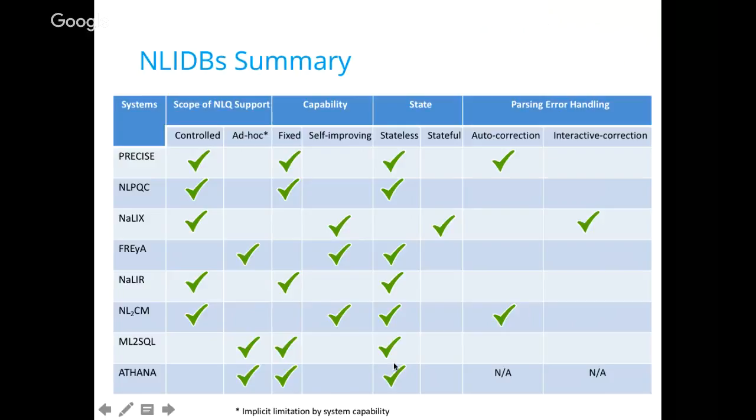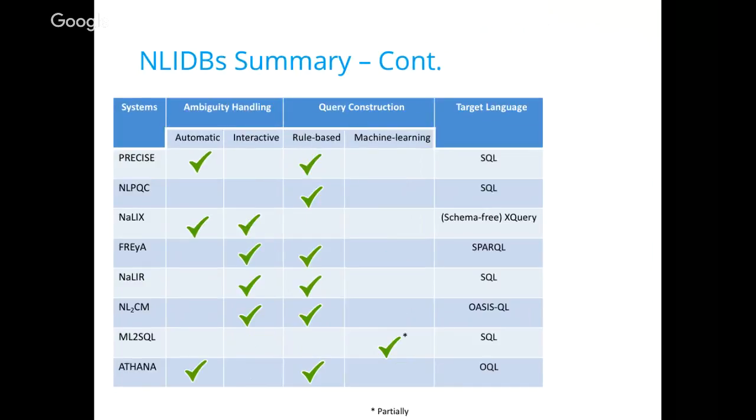This is also understandable in the sense that parser errors happen in a very non-deterministic way, right? So unless you really want to focus more on the parsing side, maybe for an NLQ system, especially as an academic exploration, you will not really have the resources to explore that aspect.